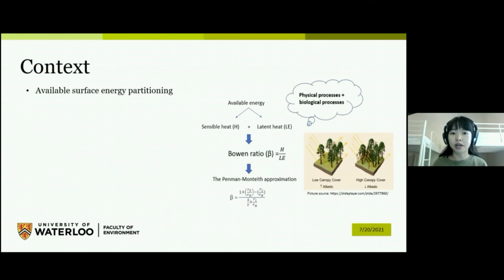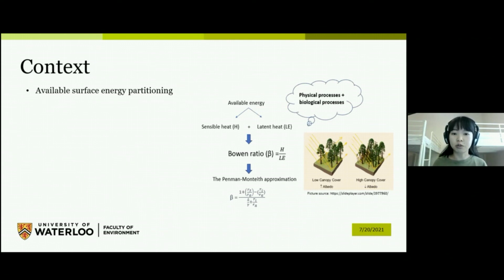So this partition can be expressed by the Bowen ratio. And then this partition is not just a physical process, it's also affected by vegetation's morphology and the physiology traits. And then we can use the Penman-Monteith approximation to model the partition.